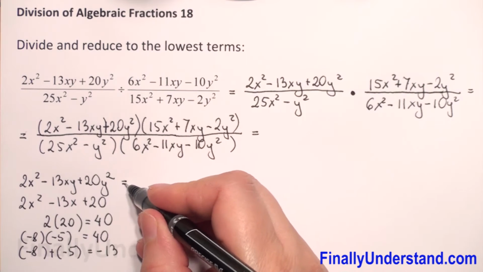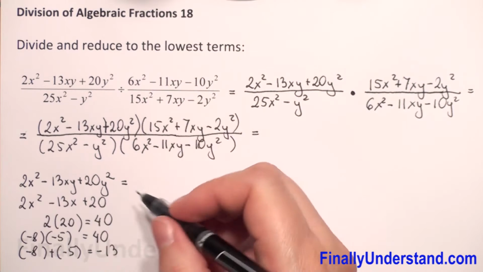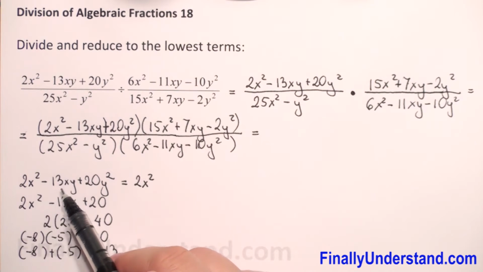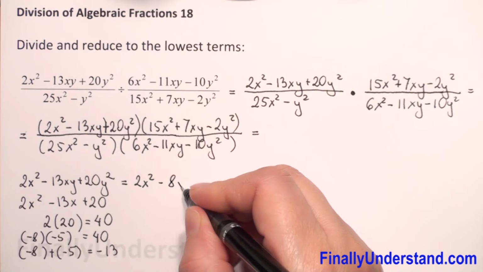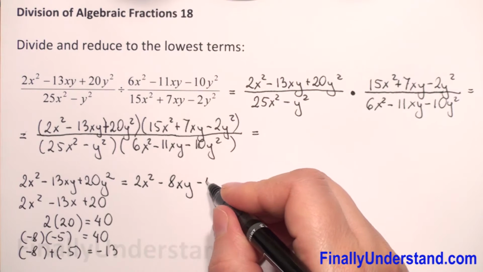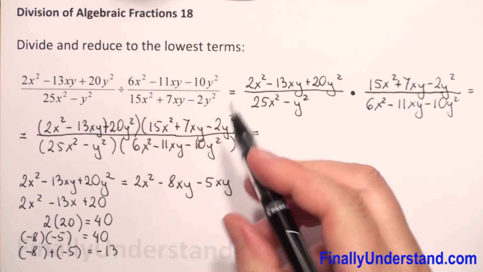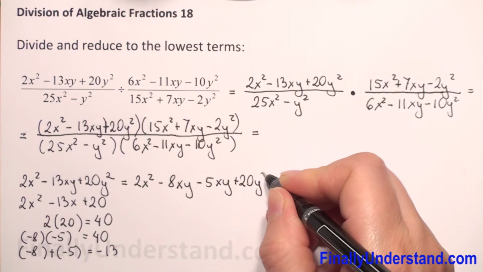So now we can rewrite our expression. First we copy 2x squared, and negative 13xy we rewrite as negative 8xy and negative 5xy. We still have negative 13xy. It didn't change anything. Plus 20y squared.